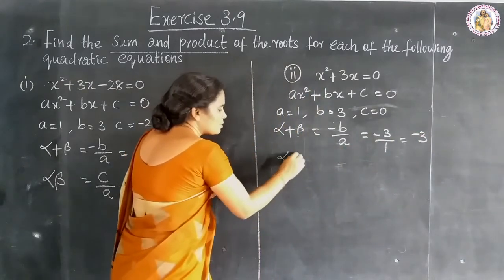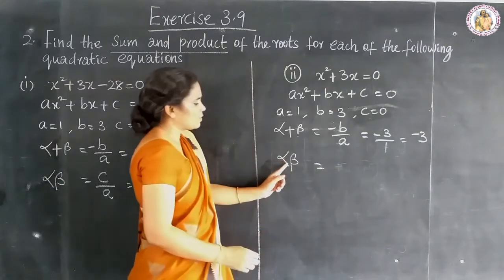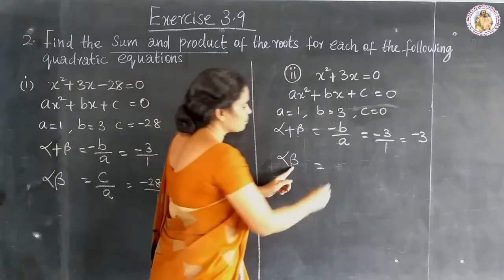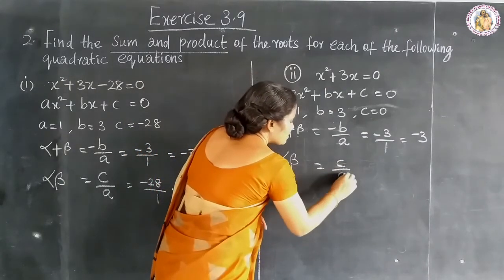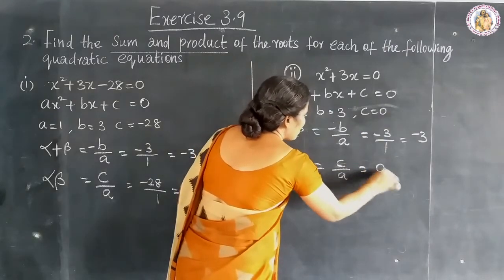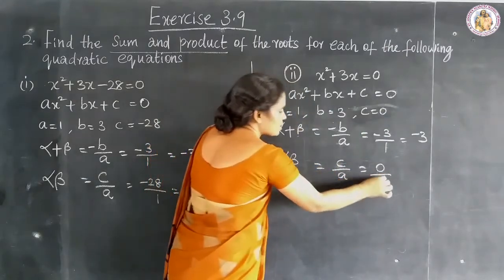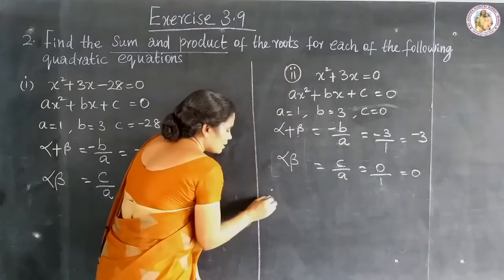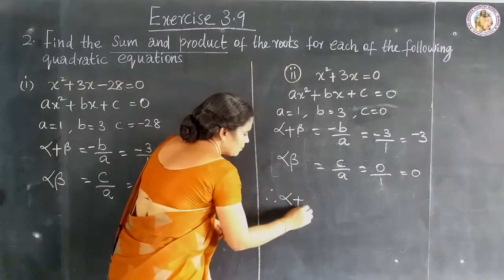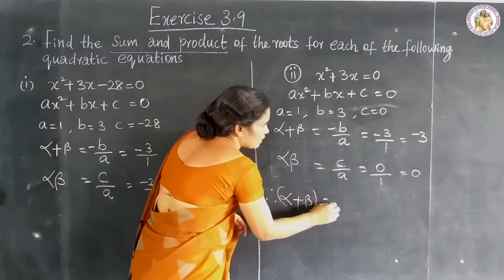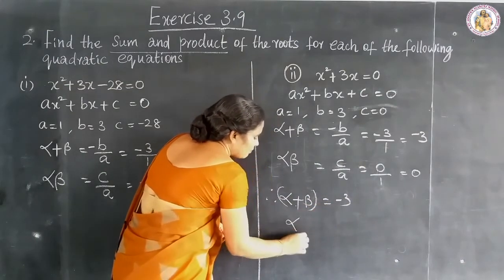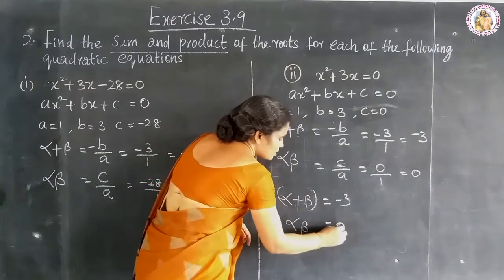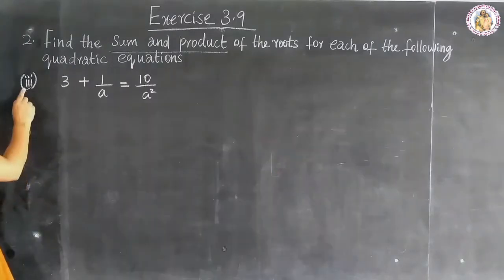And the product of the roots, that is alpha into beta, is c by a. C is equal to 0, a is 1. So 0 divided by 1 is equal to 0. So therefore alpha plus beta, that is the sum of the roots, is equal to minus 3 and alpha into beta is equal to 0.